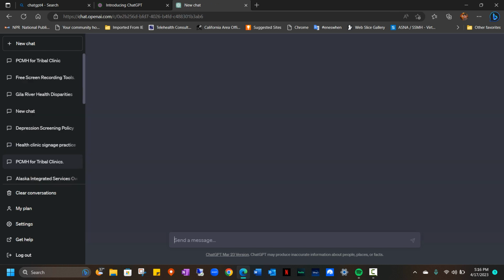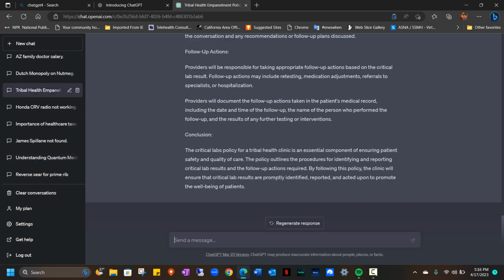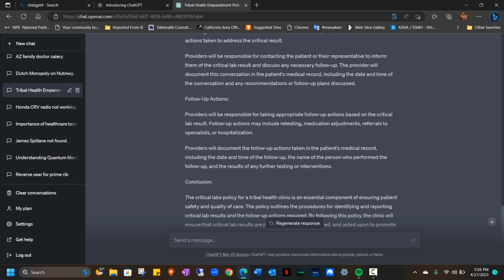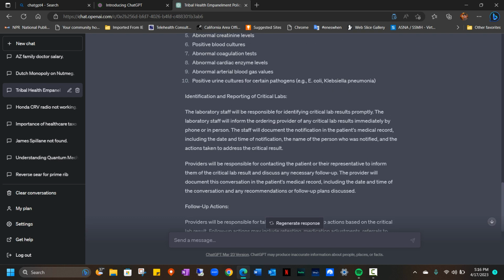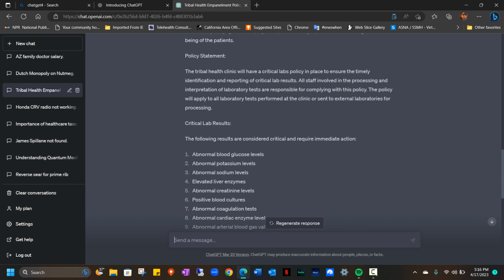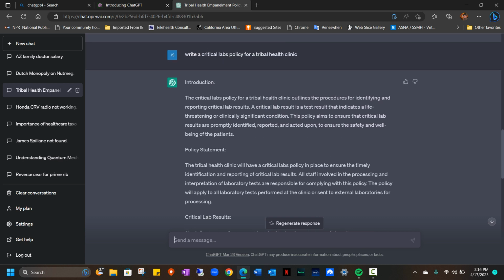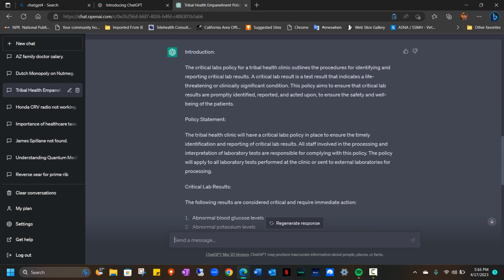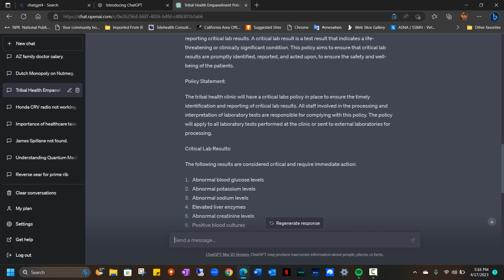This one was really helpful, though, tribal health empanelment. So let's take a look here. I actually clicked on the wrong one, but this one was really good too because we were looking at what your policy is for critical labs. You could also do this with, what does a warm handoff look like with behavioral health?